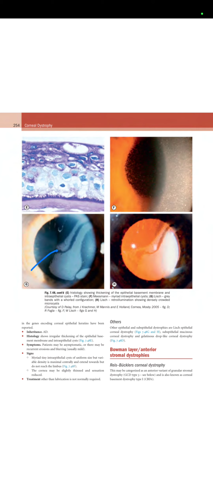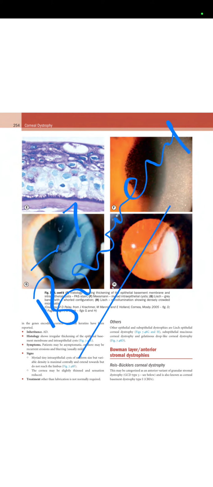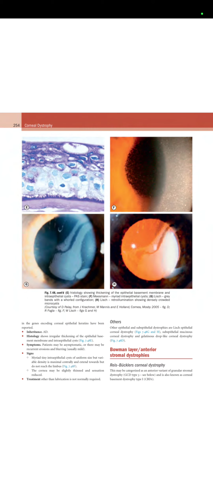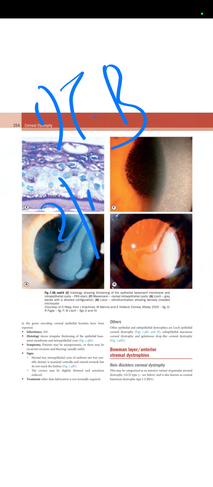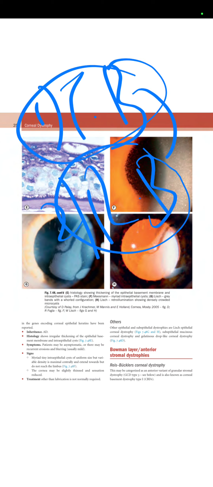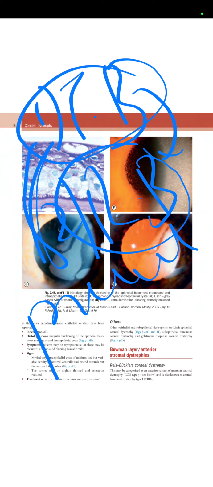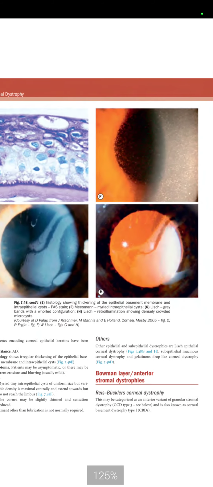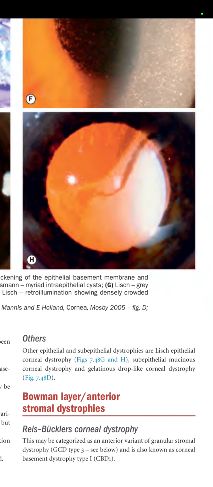Now next is going to be the Bowman's layer corneal dystrophies. In this part there are also two types, Thiel-Behnke and Reis-Bücklers corneal dystrophy. Let me tell you that most of the time the presentation is the same, but the only thing that differentiates them is the microscopy or histology.